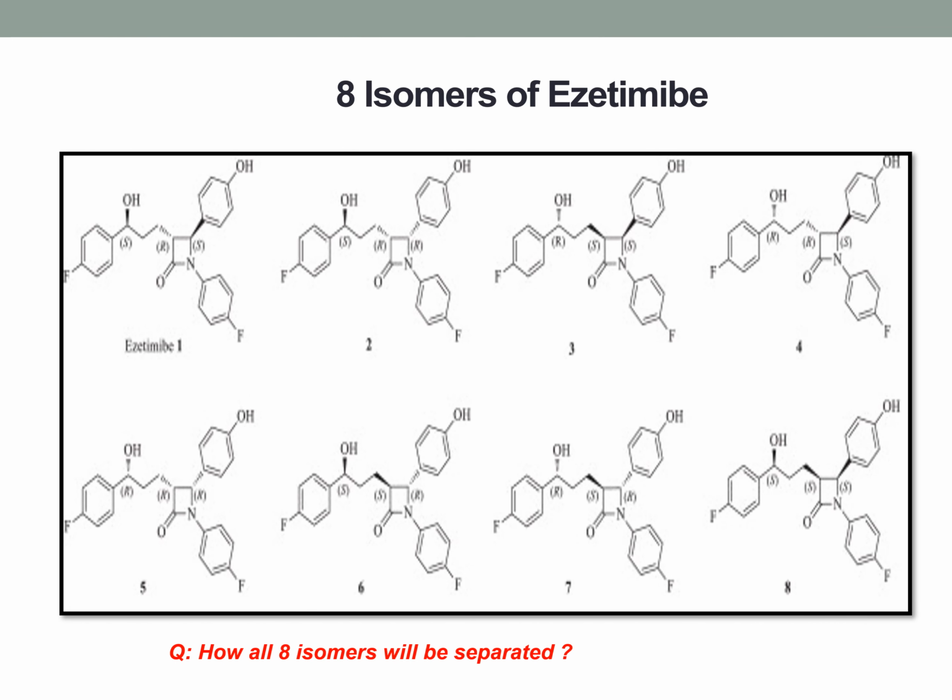These are the structures of ezetimibe along with its isomers. Now the question comes, how will all 8 isomers be separated? To know the answer to this question, watch my upcoming lecture, Chiral Separation Method Development.